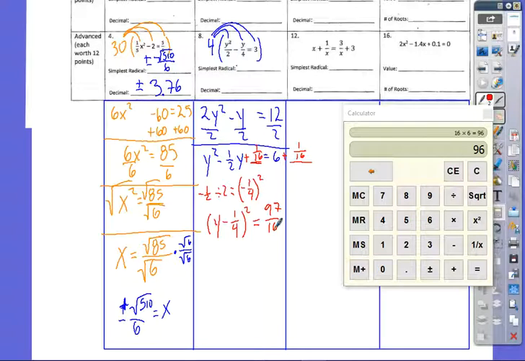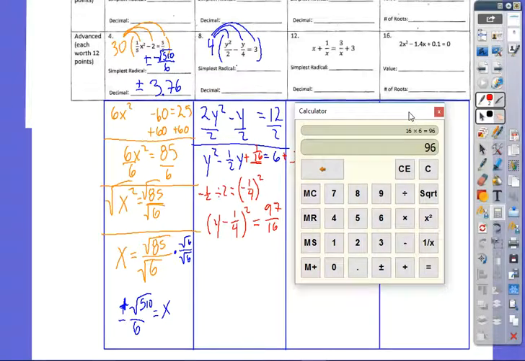Okay. So what am I going to do to both sides in order to get the squared away from that binomial? So let's square root both sides. So the square root of y minus 1/4 squared is y minus 1/4. Now, does 97 have a perfect square factor?